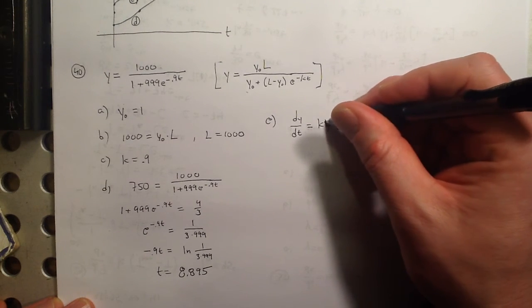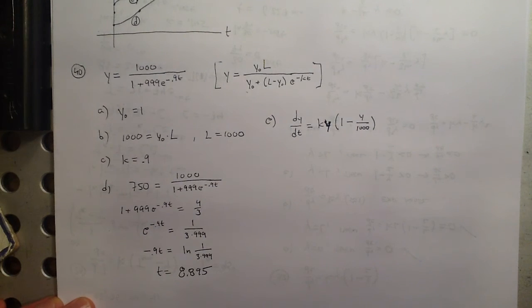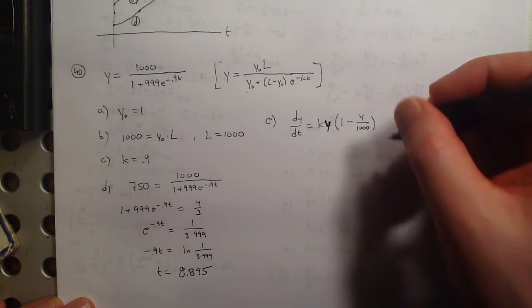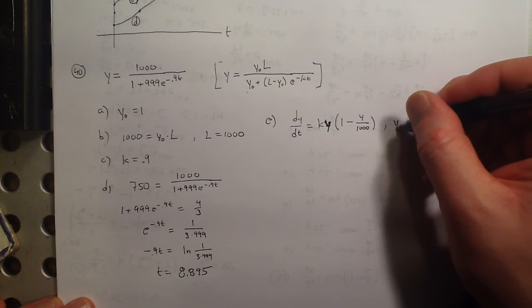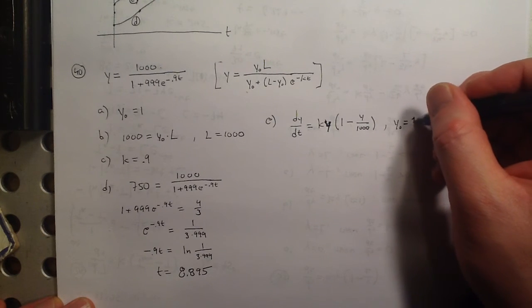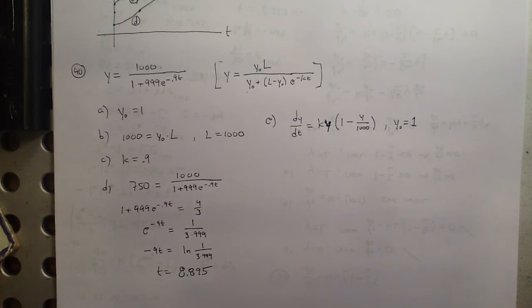We know what that is. That would have to be part of the initial value problem if you're going to be able to solve it for k. And we know that y sub 0 equals 1. So that would be the initial value problem.